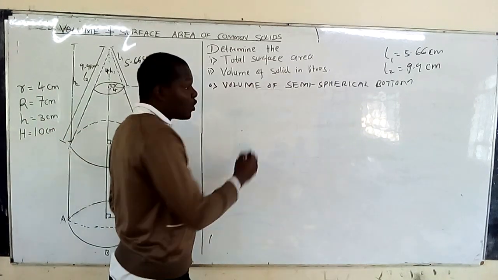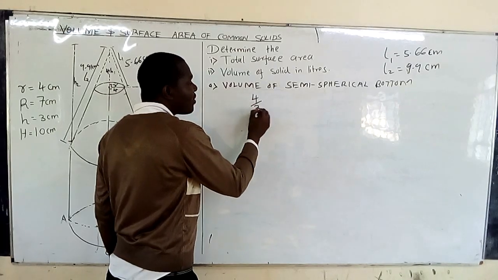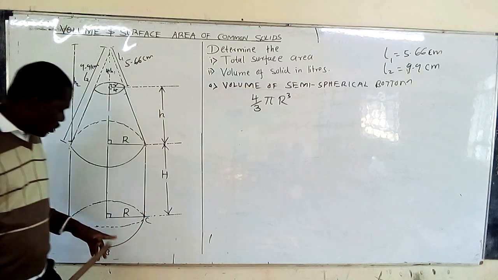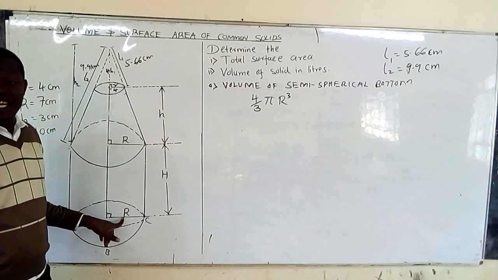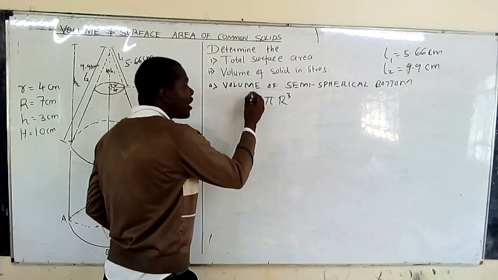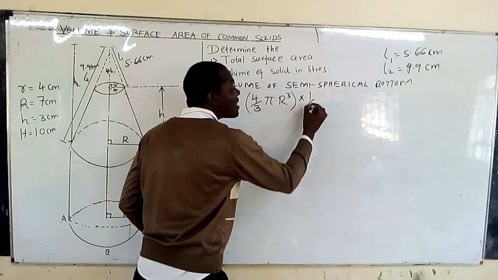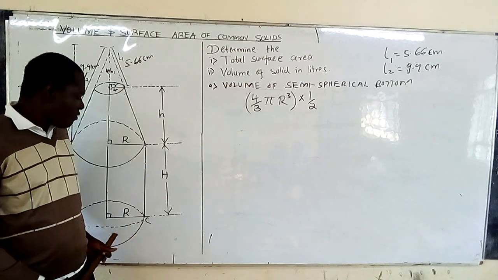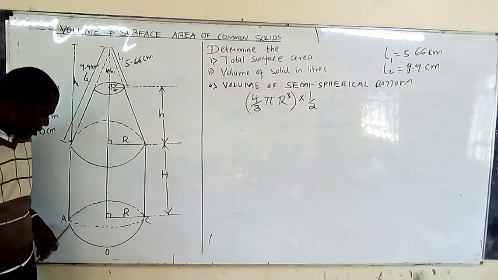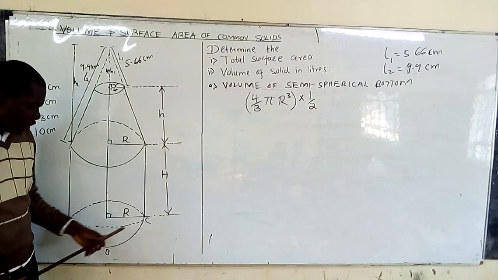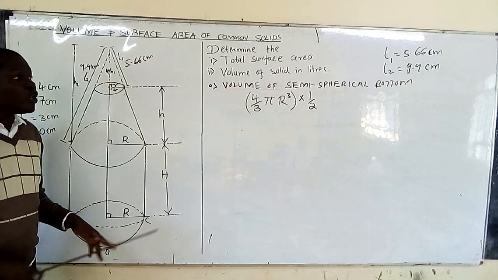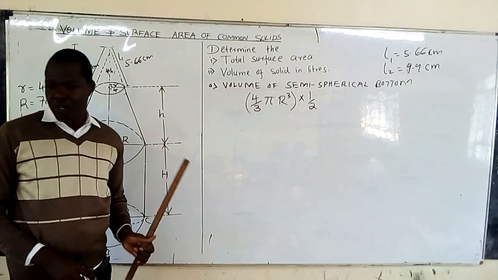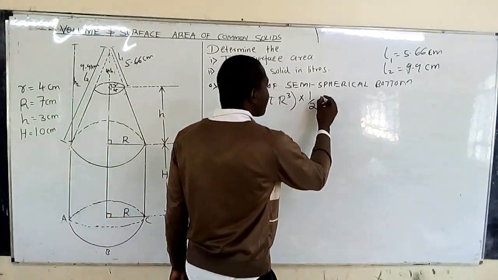The volume of a sphere is given by 4/3 pi r cube, because this one is using capital R. So if it is a semisphere, you are taking a half of the volume of a sphere, isn't it? Are we together? A semisphere is a half of the volume of a sphere. This semispherical bottom, ABC, its volume is 4/3 pi r cube for a sphere, then you take a half of that volume, isn't it?